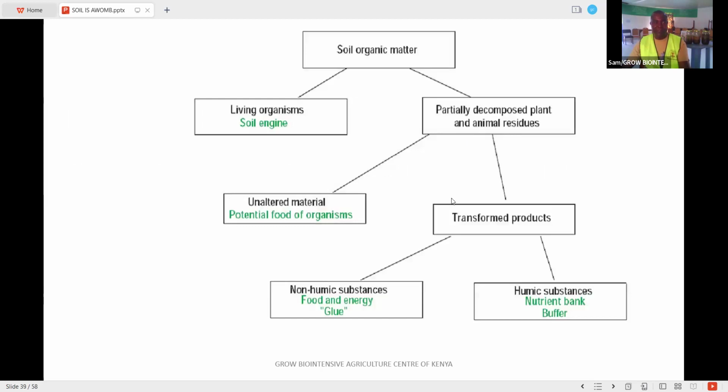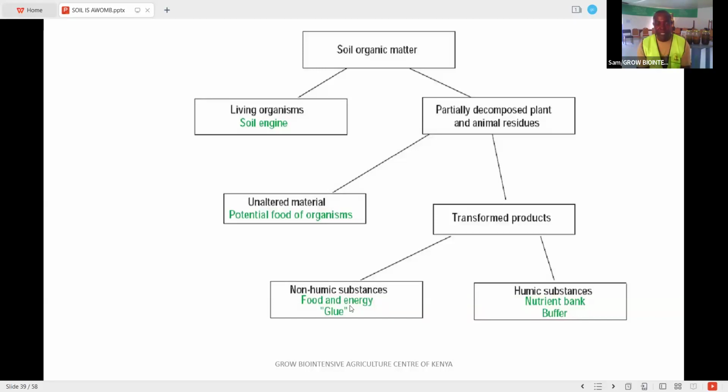In summary, soil organic matter feeds living organisms. It's materials that are partially decomposed and animals' residues. Again, it's a potential food of organisms. It is transformed products, and then it becomes food and energy, and it's the one that holds nutrients.